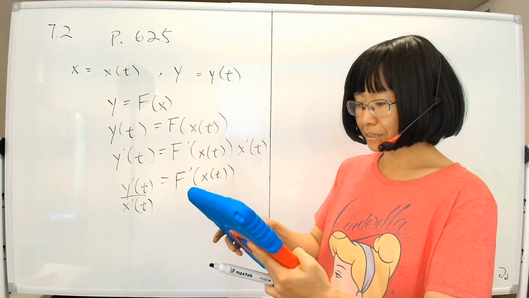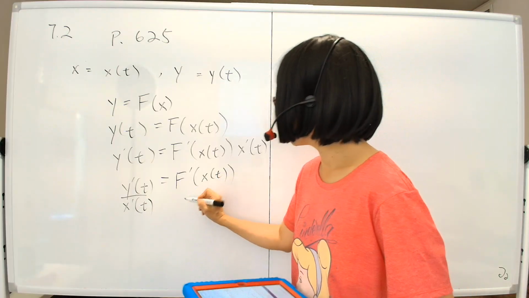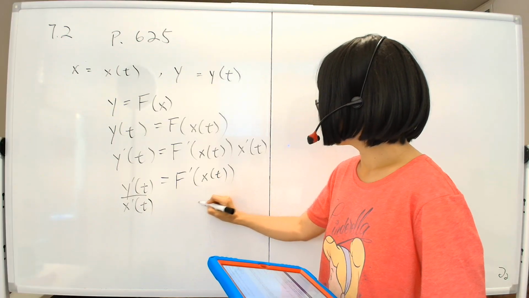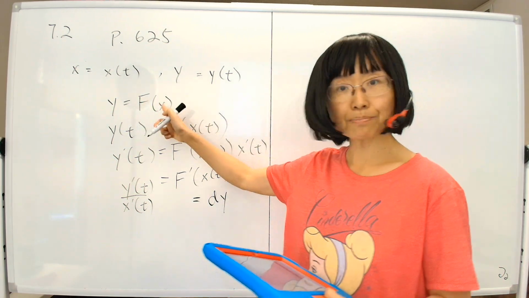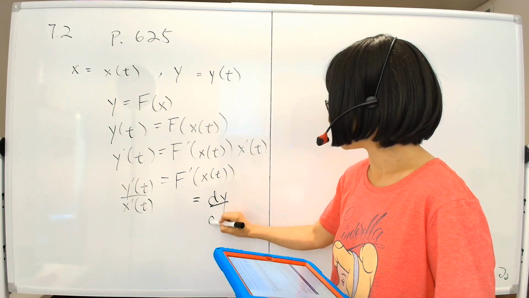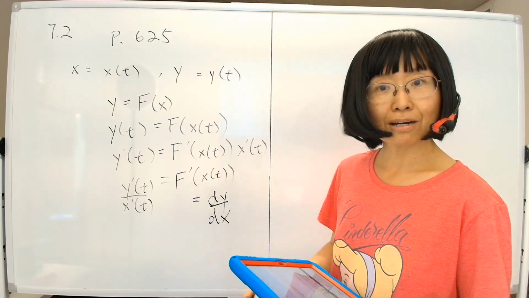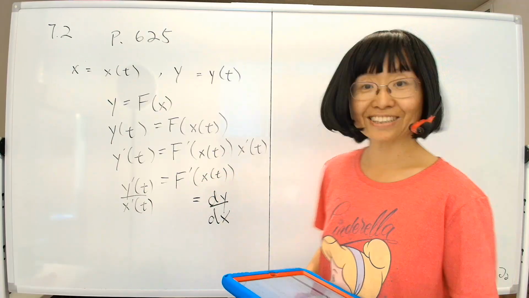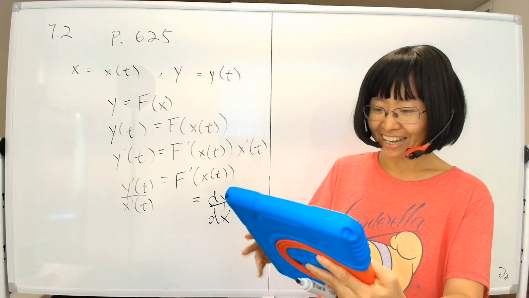And what is this? Well, this is the same as dy by dx, because y is big F of x. Therefore, dy by dx is F prime of x of t, and that's your proof. Short and sweet.